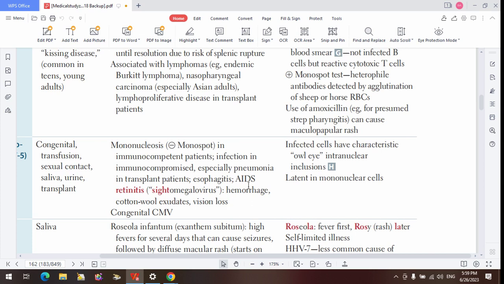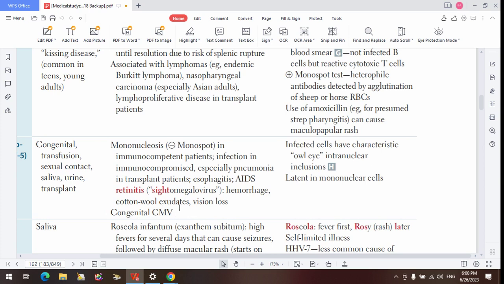On fundoscopy, there's going to be hemorrhage and cotton wool exudate. They can have chorioretinitis. But CMV retinitis, I've always known it to be retinitis, I don't think it affects the middle layer, but maybe it can spread to it. You are going to have retinal hemorrhage, edema of the retina, cotton wool exudate, and vision loss at the end.